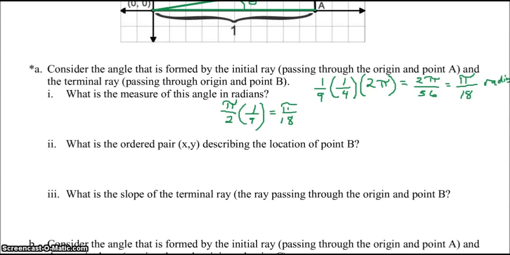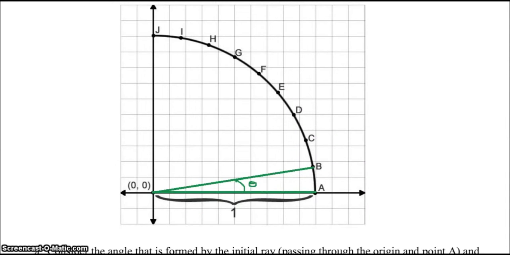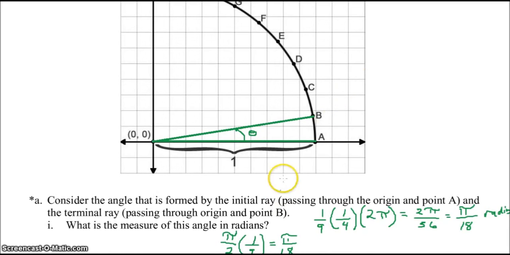What is the ordered pair x, y describing the location of point B? Well, since we're on the unit circle, we can say that x is cosine theta and y is sine theta.